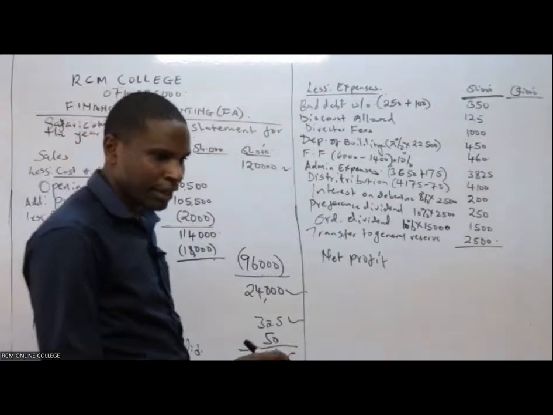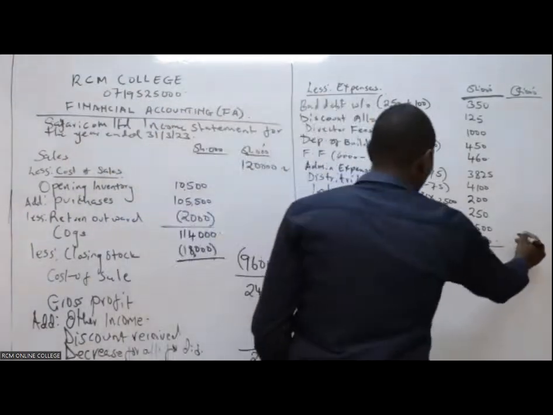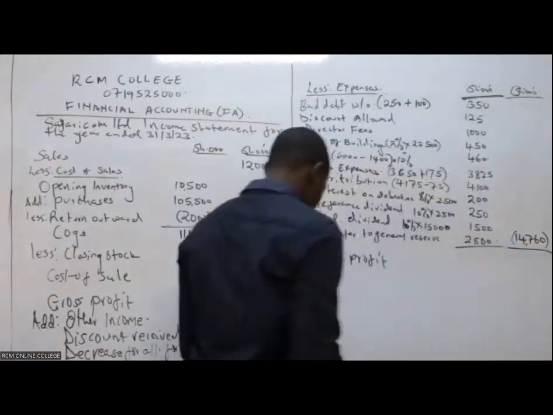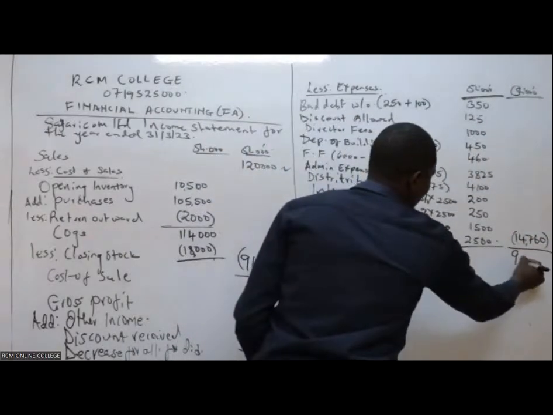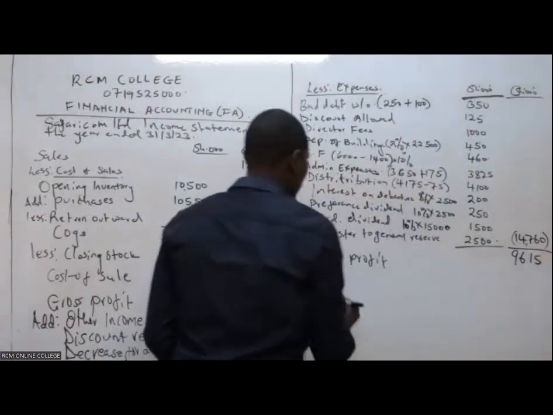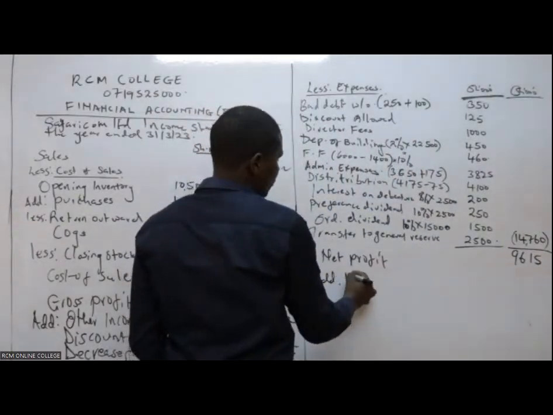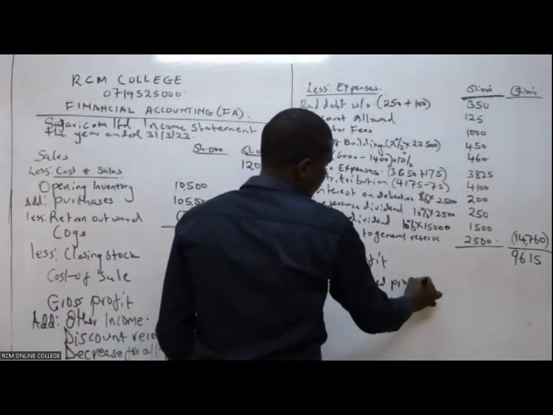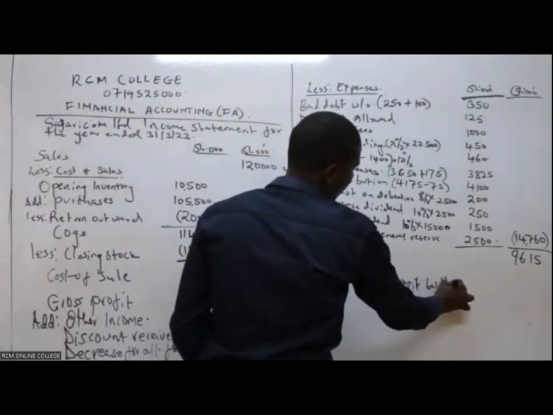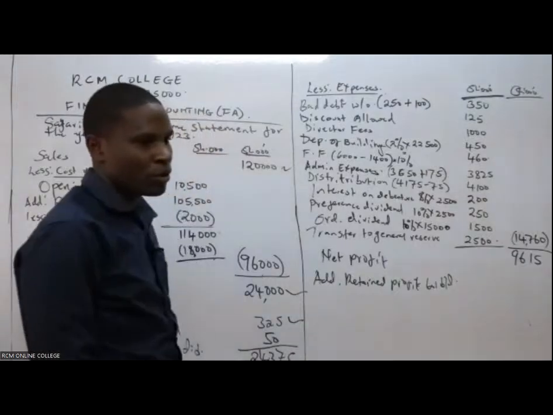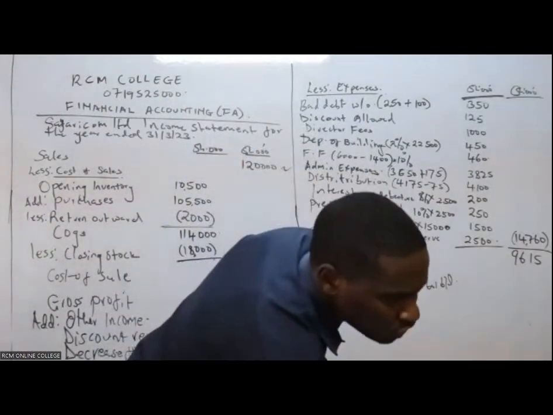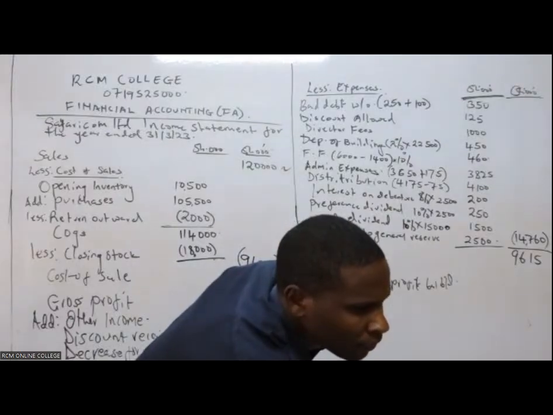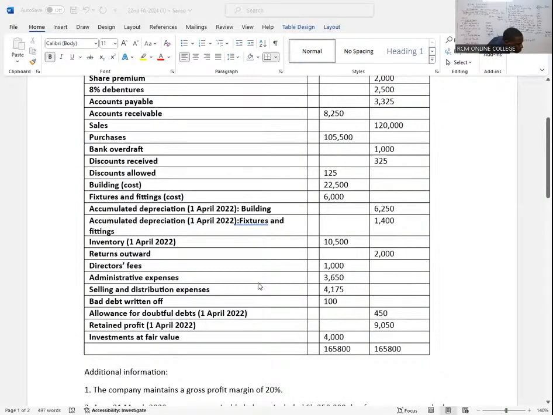Okay, now everyone has got it, thank you. 14,760. Having that, we can subtract it to get something like 9,615, and then you add retained profit, balance brought down. The retained profit balance brought down, class, we shall get it. Let me share this question. Retained profit balance brought down. Can you look at the second?